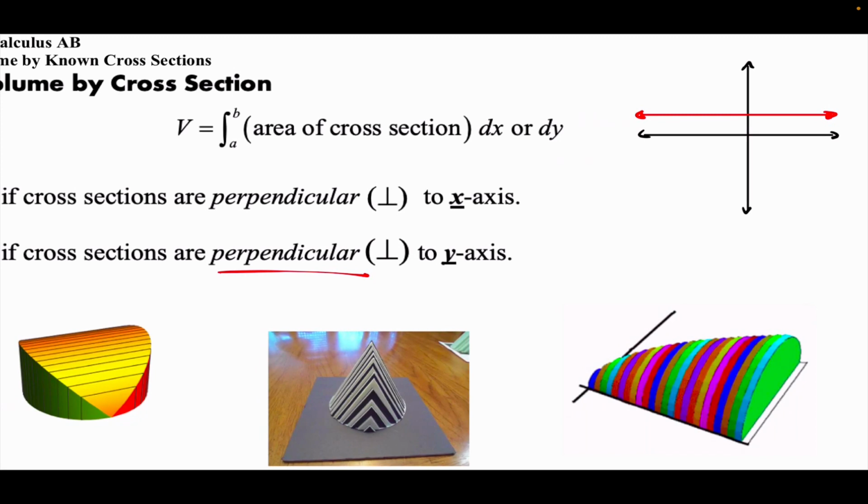To be perpendicular to the x-axis, I would have to go the other way. So the blue line is perpendicular to the x-axis. That's what perpendicular means. It crosses, intersects, but when it intersects, it makes a 90-degree angle.